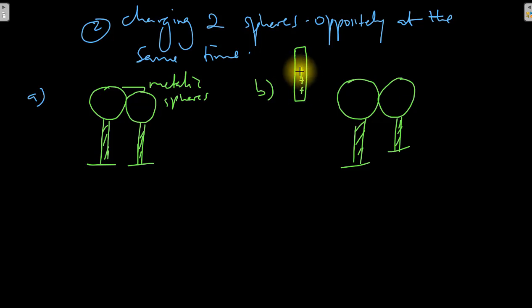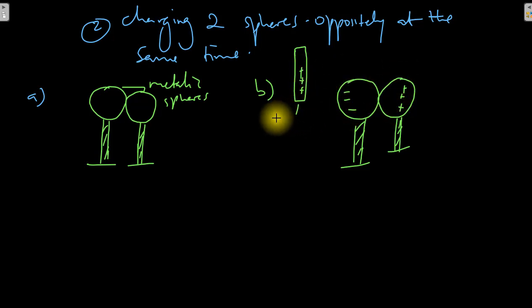Because the two spheres are in contact, they will behave as though they are a single metallic sphere. So negative charges will be attracted to this end and positive charges will be repelled to the other end, because positive attracts negative but positive repels positive.